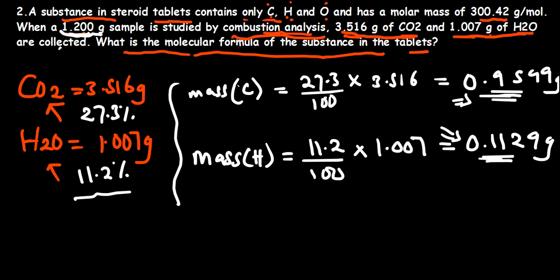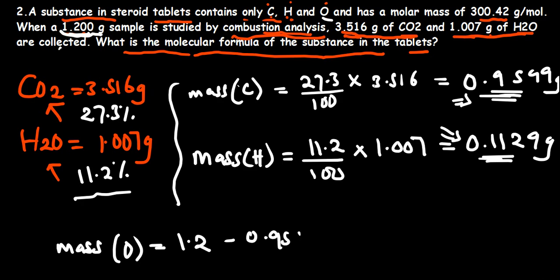To find the mass of oxygen, the mass of the oxygen is just equal to 1.2, the total mass of that compound, minus 0.9599 minus 0.1129.